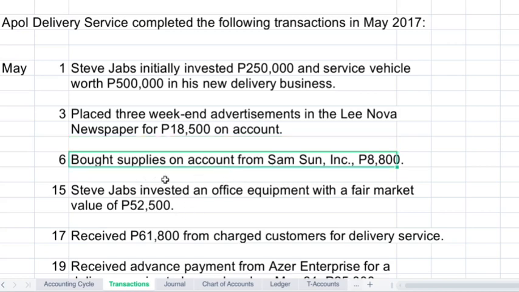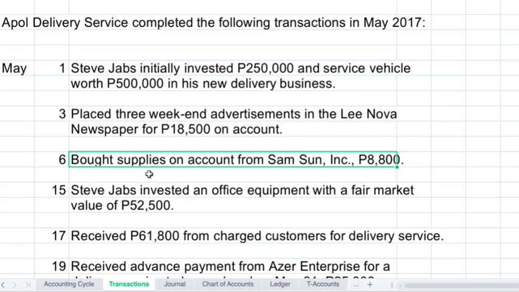Okay, so number 6, we bought supplies on account from Samsung Incorporated 8,800. So what are the accounts affected here? So we have supplies. Okay, supplies is not significant for a delivery service. So this is supplies expense.